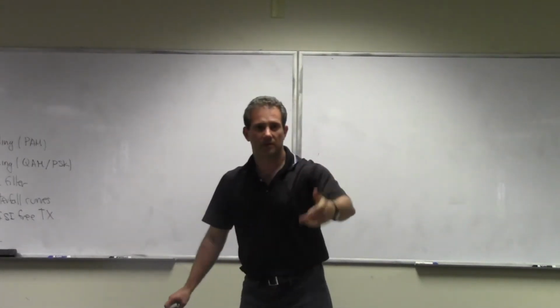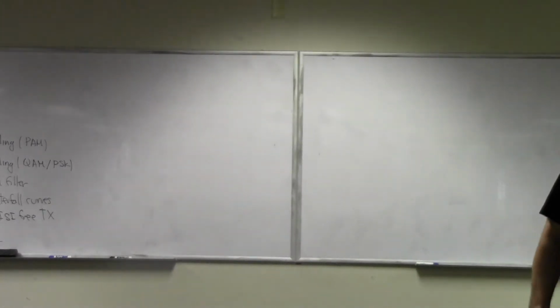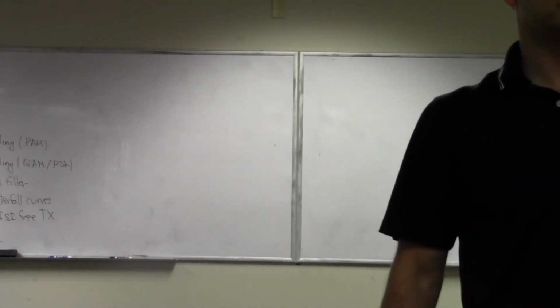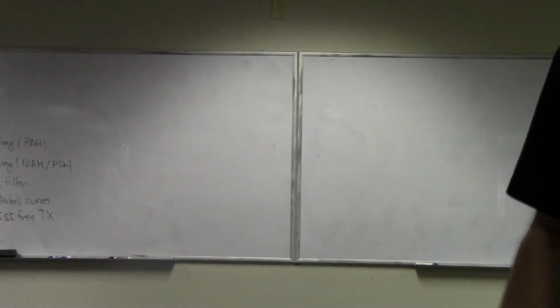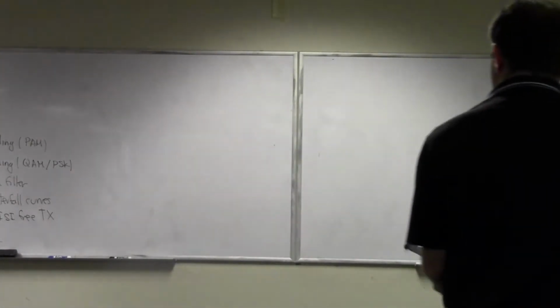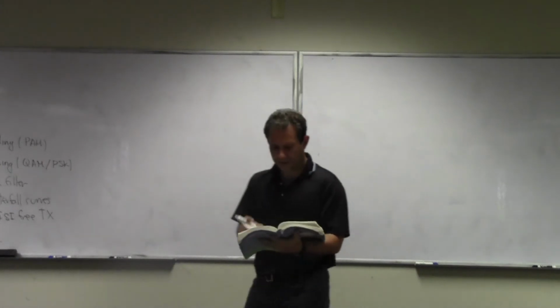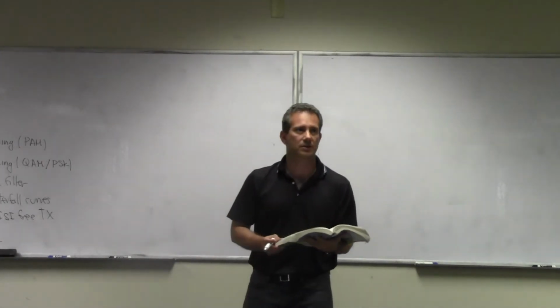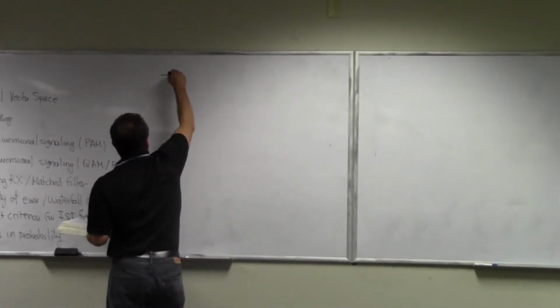Do you have that book? 7.19. And there are a whole bunch of other problems that are essentially the same as this one, just slightly different signal waveforms. So 7.19.